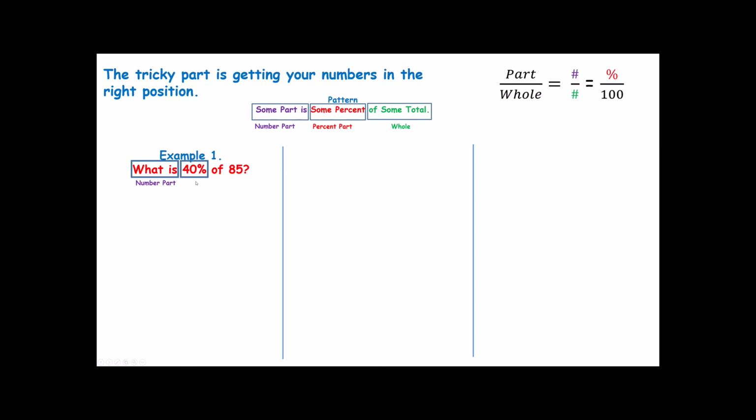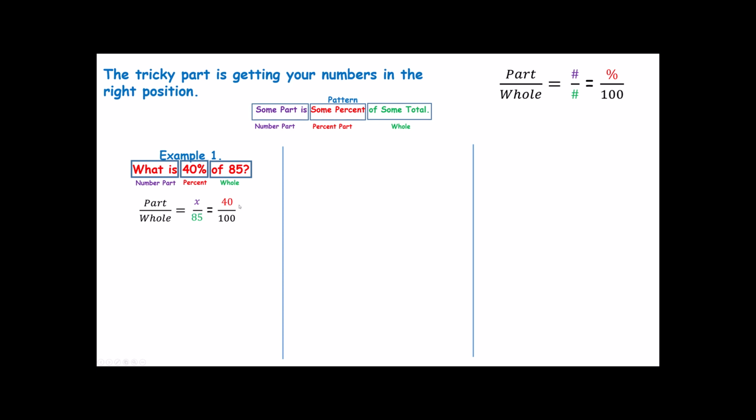Some percent, that's the 40%, of 85, that's my whole. We have a number part, a percent, and we have the number whole. So when I go to fill in my proportion, part, whole, my number part is unknown, my percent is known, and my whole is also known.